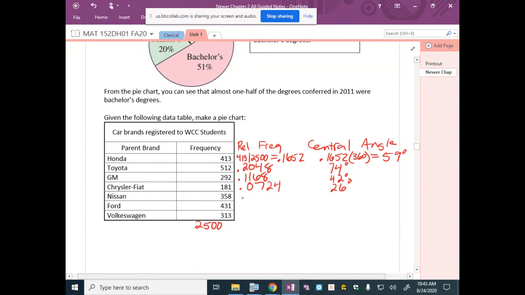You get 0.1432. Or Ford, found on road dead. 0.1724. And Volkswagen, 0.1252.